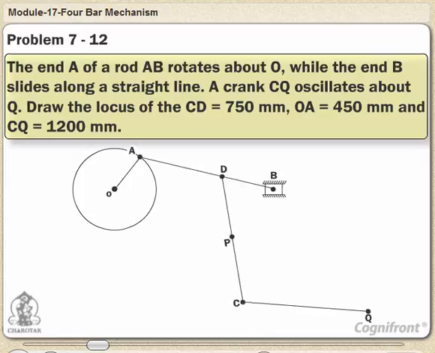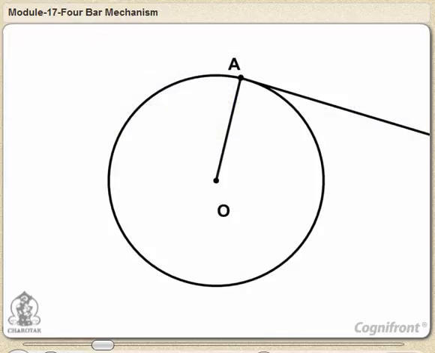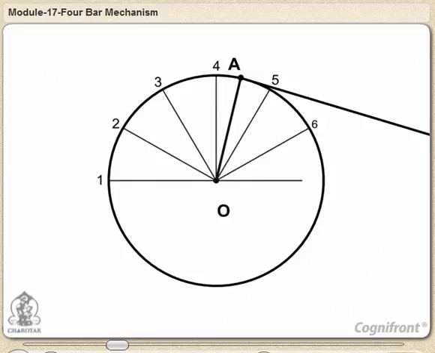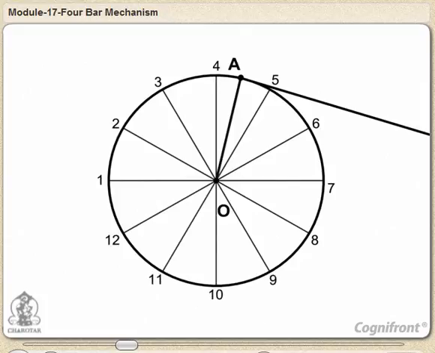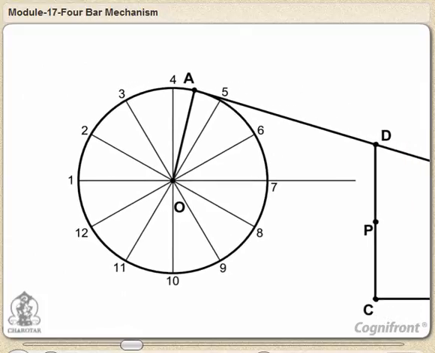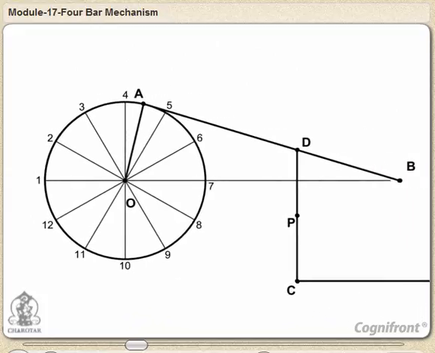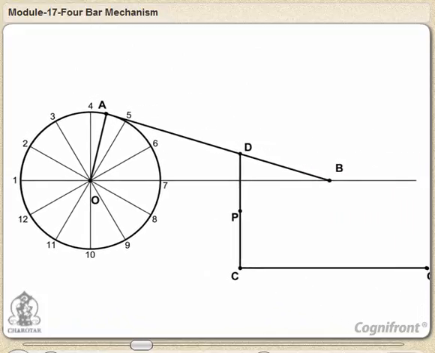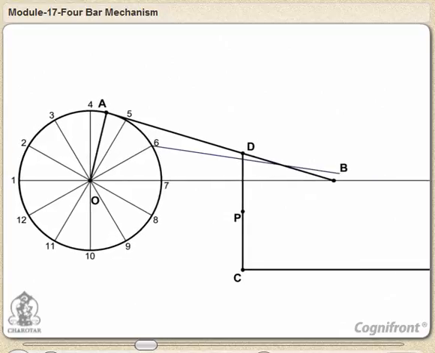Divide the circle in 12 equal parts and number the parts. Extend the center line 1O such that it passes through the end B of the rod. Then draw lines of size equal to AB from all 12 points of the circle up to line OB.